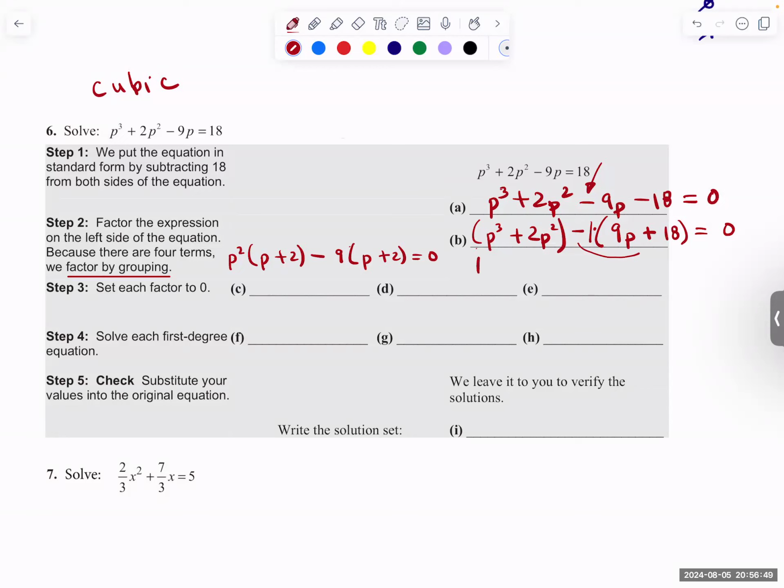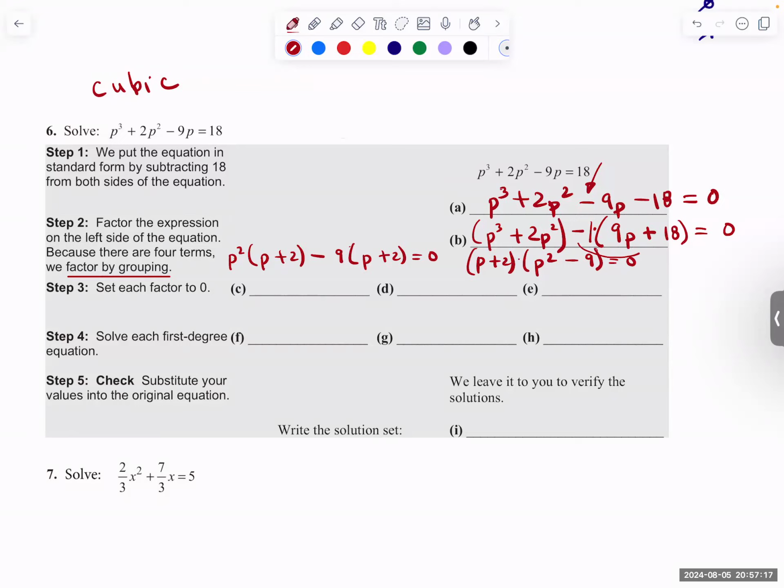So parenthesis p plus 2 times p squared minus 9, close paren, equals 0. Now we can factor further because p squared minus 9 is a difference of 2 squares. It's like a squared minus b squared.